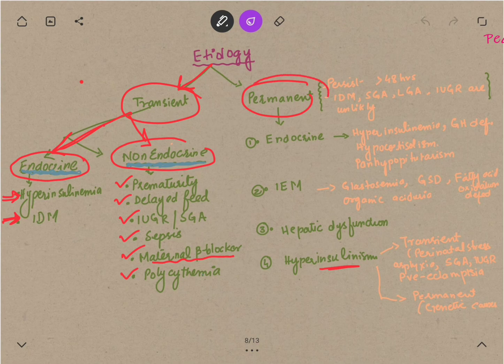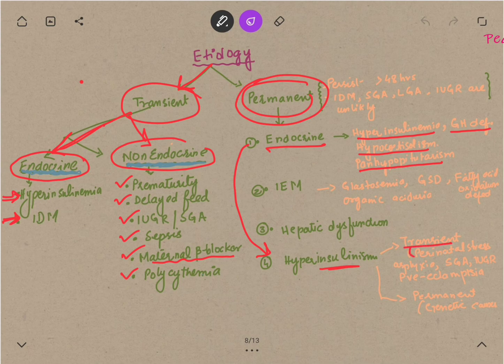Now, coming to the permanent causes of hypoglycemia, we have endocrine causes, in which we have very important hyperinsulinemias, growth hormone deficiency, hypocortisolism, and panhypopituitarism. Another endocrine cause is again hyperinsulinism. This hyperinsulinism we have discussed can be transient and it can be permanent.